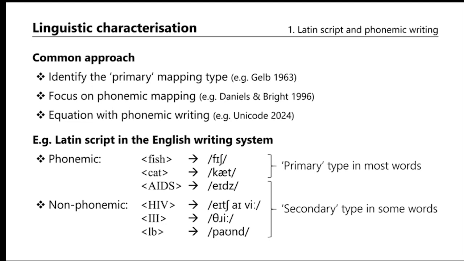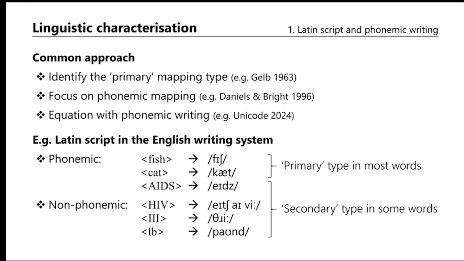Now, some more examples from English. Fish, phonemic. Cat, phonemic. Also, in some abbreviations such as A's, we can speak of phonemic mapping between the graphemes and phonemes. But not all cases are phonemic.